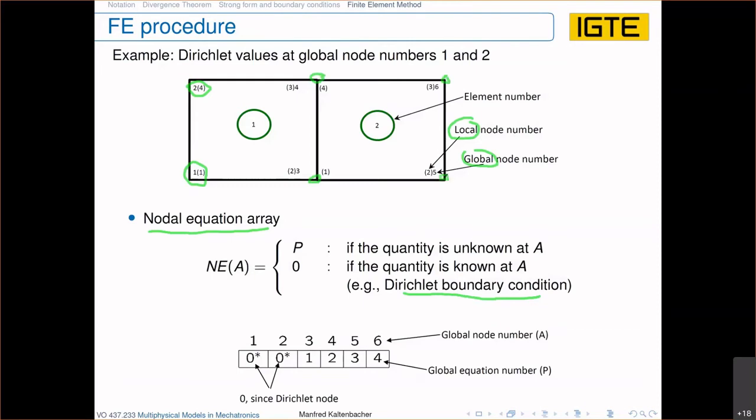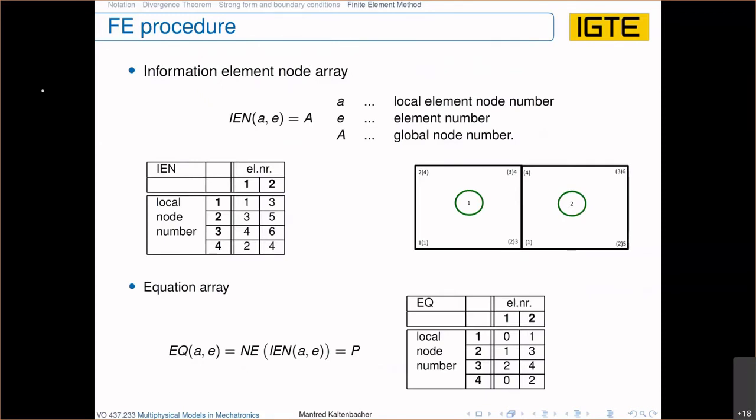That is a simple procedure: you go over all your finite element nodes, which you obtained from the mesh generator, and put an equation number there, or 0 if a Dirichlet boundary condition has been prescribed.